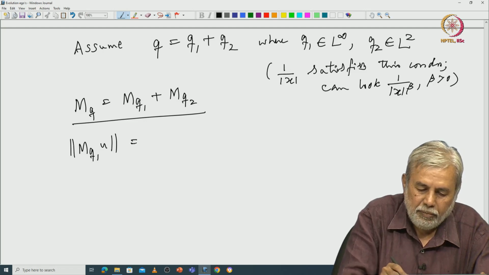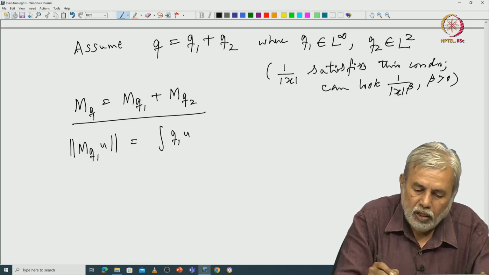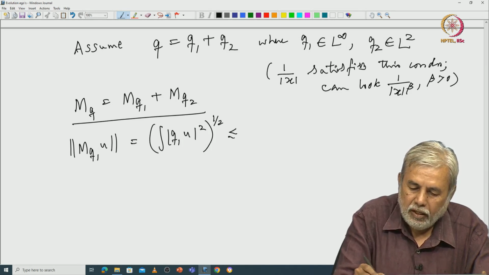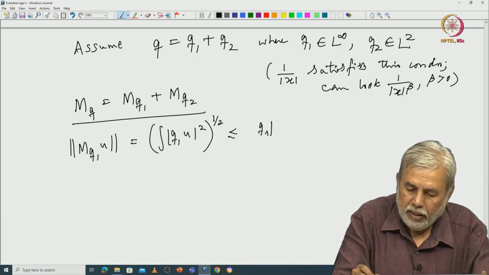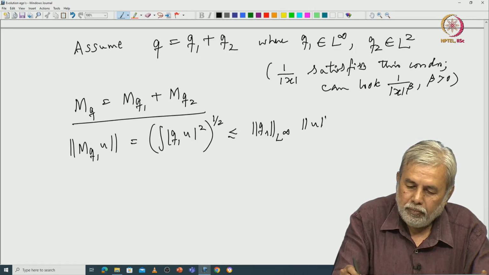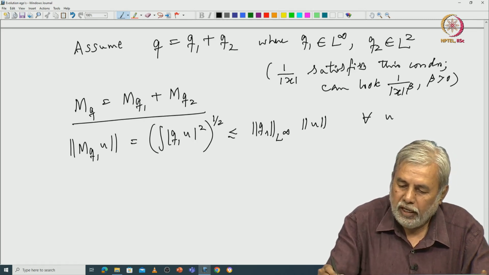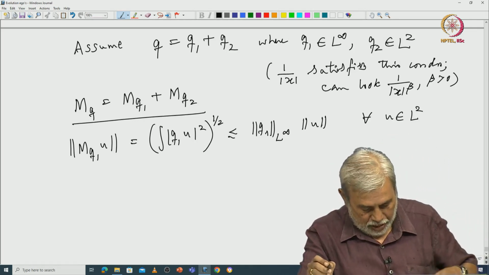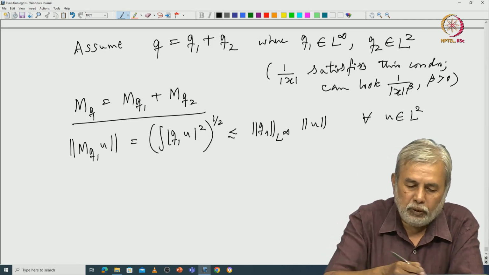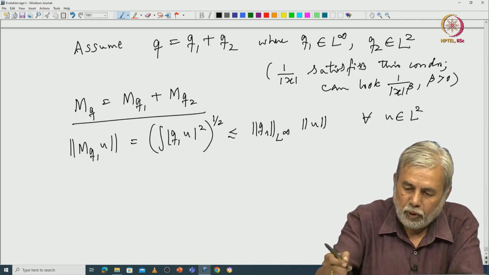This is nothing but the norm of q1 u square to the half, and that is just q1 L infinity norm times the norm of u, for all u in L2. So, in particular for u in H2. Okay. So, there is no problem for the bounded part.